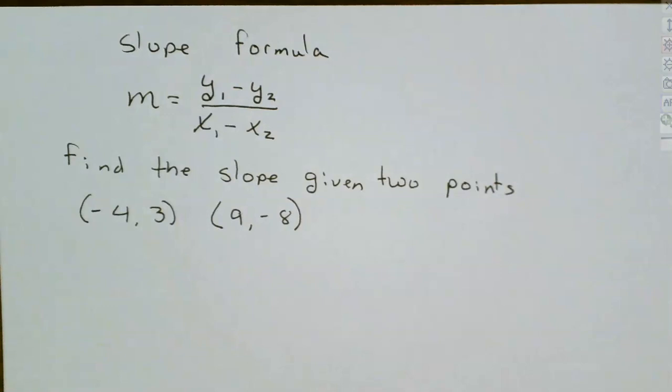I want you to go ahead and find the slope. We label our ordered pairs just like we did when we found our midpoint and our distance, so we're labeling them x1 and y1 and x2 and y2.